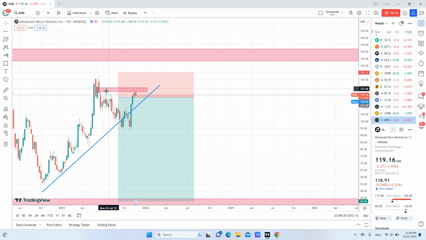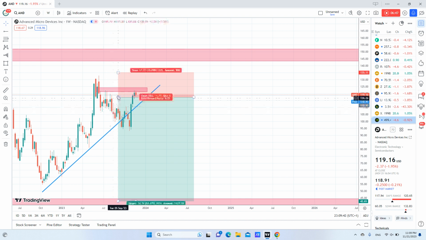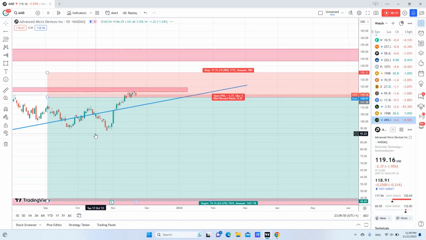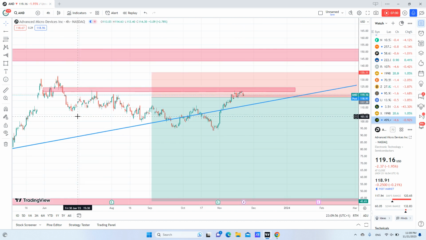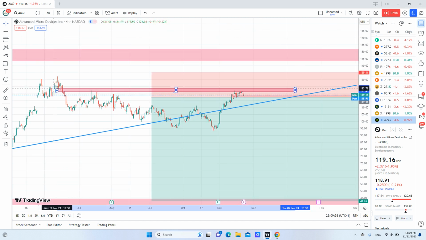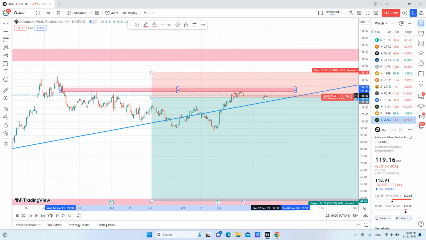And I didn't enter on this. I wanted to enter on this gap here, and actually the gap was filled last week. It was, I think, a 4 hour gap. Yeah, exactly here, this gap, and it was filled.